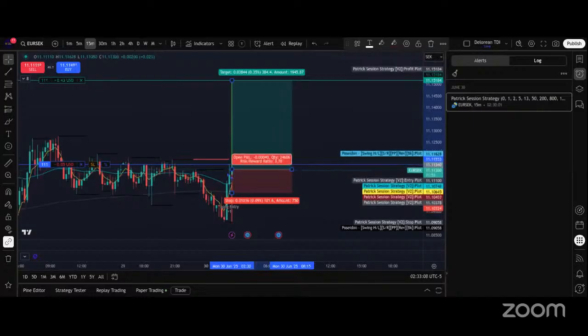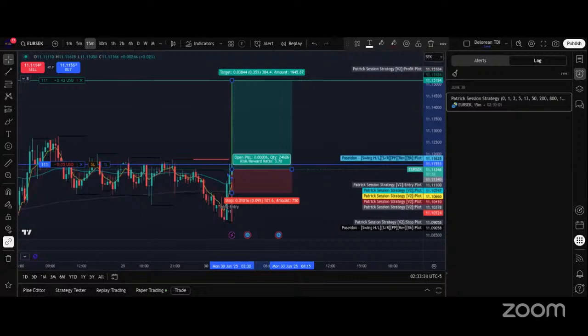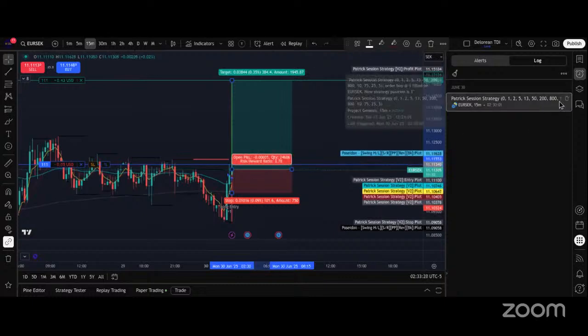Stop loss is 11.10324 for 102 pips. Take profit is 11.15184 for 384 pips, and a risk reward ratio of 3.78. Let's go ahead and get this added to queue.